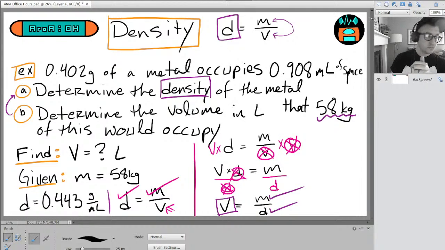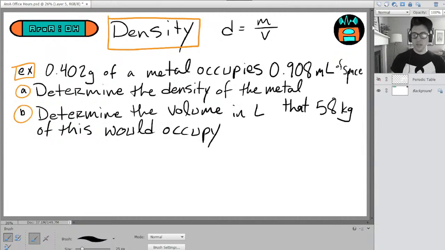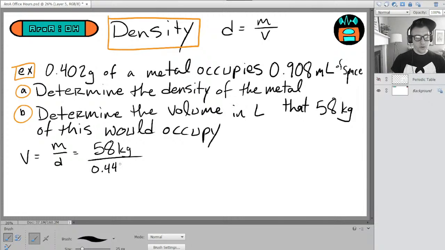So let's go ahead and solve the situation. All right, so we have, just rewriting that expression, volume is equal to mass over density. Our mass is 58 kilograms, and our density is 0.443 grams per milliliter.